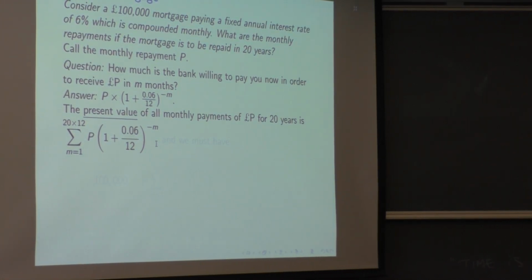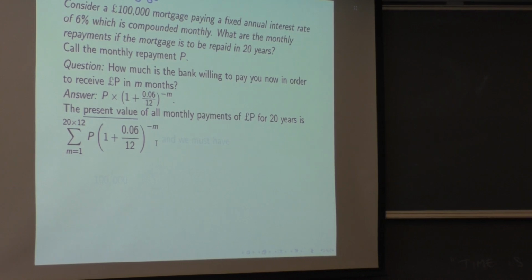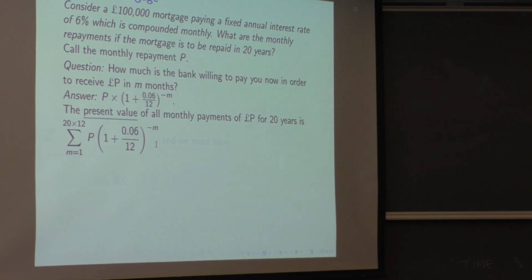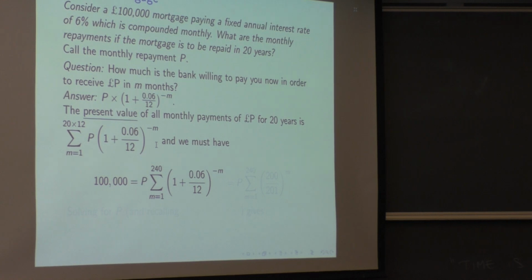Okay, so this is how much the bank is willing to pay now to receive all these payments, and how much is the bank paying you now? The bank is paying you precisely £100,000. The bank gives you £100,000 in exchange for these payments in the future. So we must have that the £100,000 is equal to the sum. Right? Do you understand this calculation?